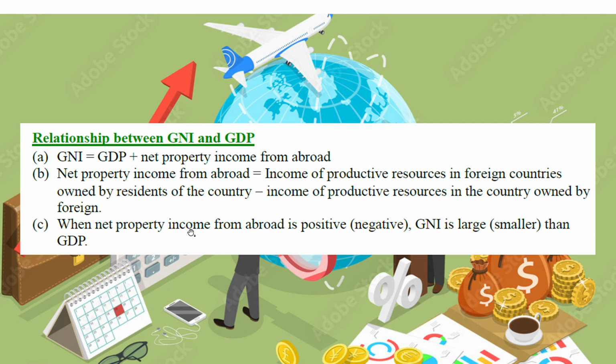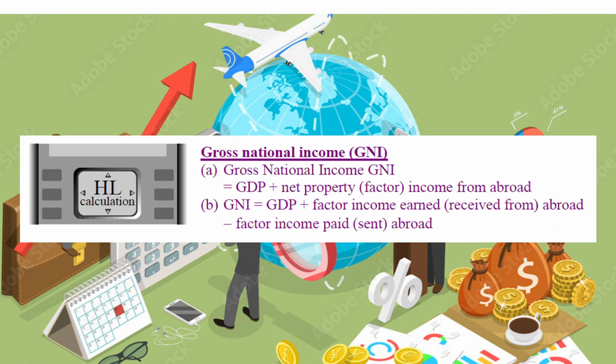When net property income from abroad is positive, GNI is larger than GDP by that amount, because you earn money from abroad. The equation is GNI equals GDP plus net property income from abroad, which is factor income earned abroad minus factor income paid abroad. Just think about whether it is good or bad: income coming in is plus, income going out is minus.